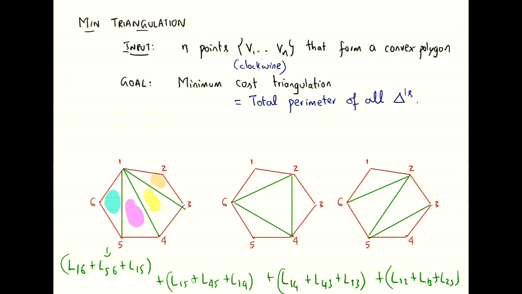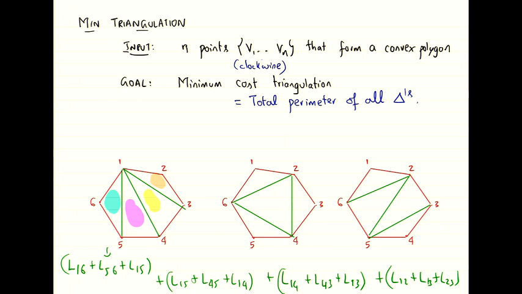It's the total perimeter of all the triangles. The specifics of the cost function are not super important. You could also have minimized the total length of all the diagonals or things like that. This particular cost function is especially clean in terms of the recurrence relation and so on, but don't worry too much about the specifics.